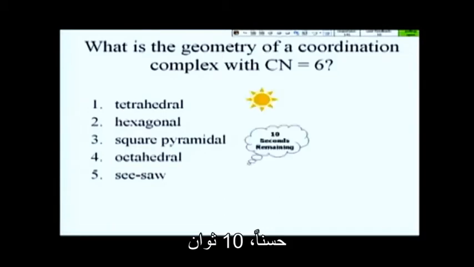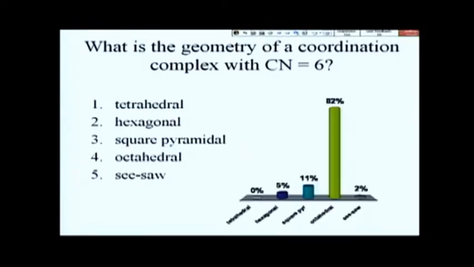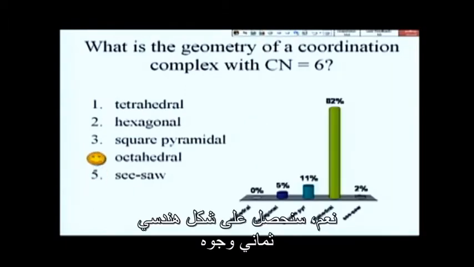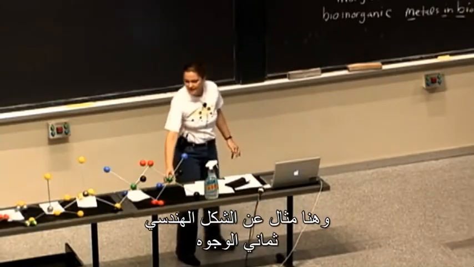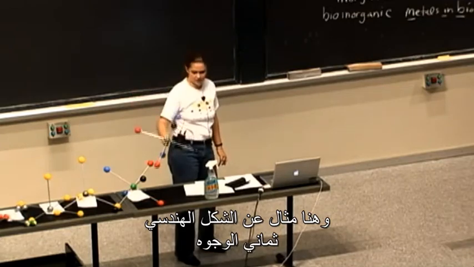All right, 10 seconds. Yep, so we have octahedral geometry. And here is an example of our octahedral geometry.